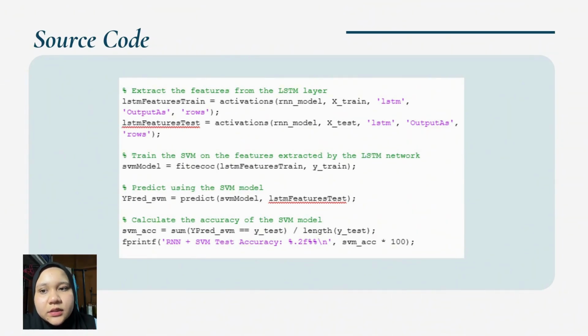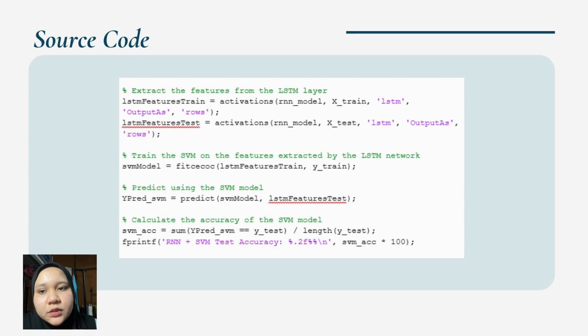After that, the trained SVM model is used to predict the BCC type for the test set, which is the LSTM features test. After that, we will evaluate the hybrid model RNN plus SVM. The RNN and SVM model is evaluated on the testing set to calculate its accuracy. The accuracy is reported, showing how well the hybrid model performs in classifying the BCC types.